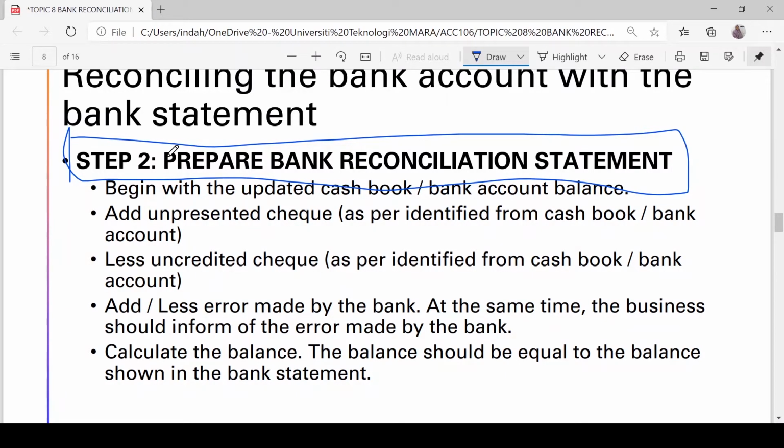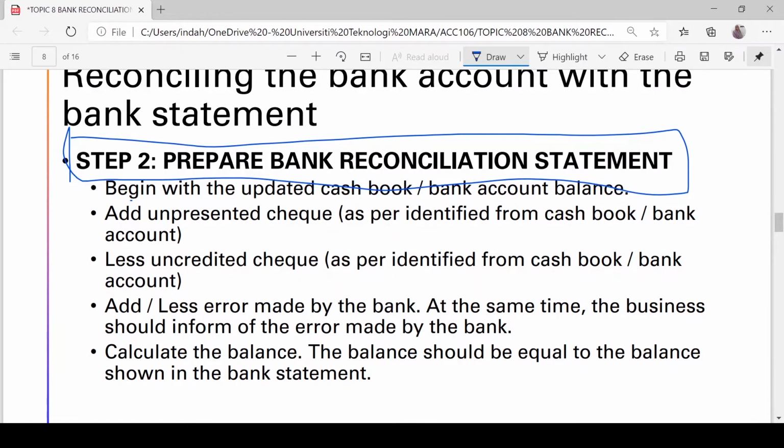Next, you are going to add unpresented checks, as identified from the cash book or bank account. Why do we need to add unpresented checks?